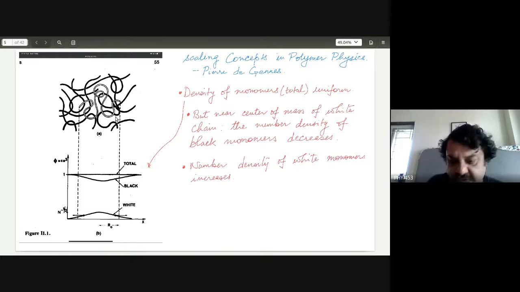We can't, of course, go into great detail, but just an idea, before we come back towards the end and introduce the correlation hole, to establish that polymer chains in a melt are ideal. So this is the essential basic physics. This is the basic message.